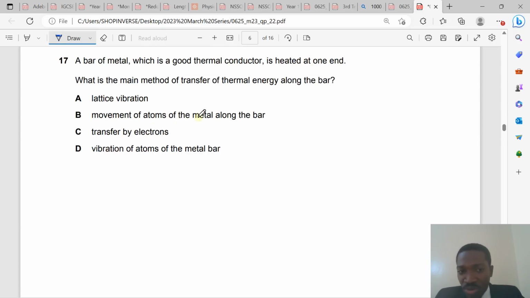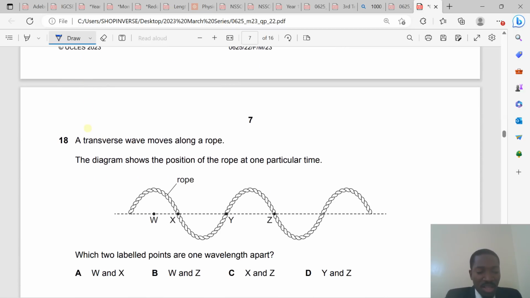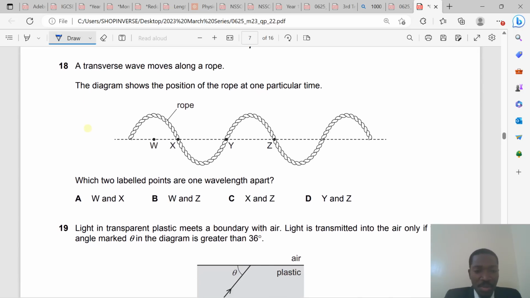In this case, the particles that move are electrons. Electrons help to transfer thermal energy in metals. If it is a metal, then it is with electrons. But if it's not a metal, then it can be the vibration of the particles or the molecules.